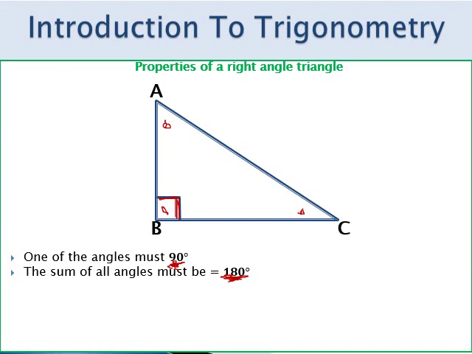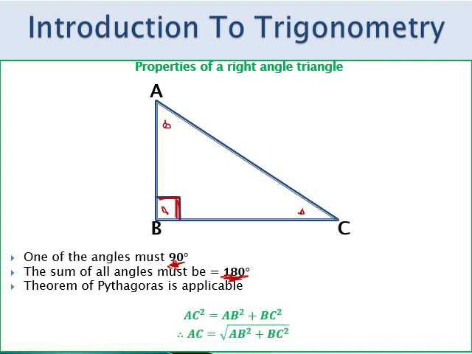Let's move on a little bit. In terms of the right angle triangle, the theorem of Pythagoras is applicable as well. You'll remember, because we've done this at grade 9 level. What does the theorem of Pythagoras state?